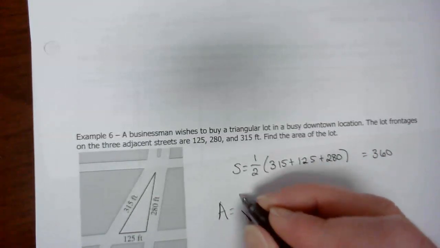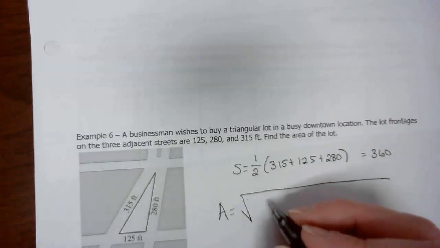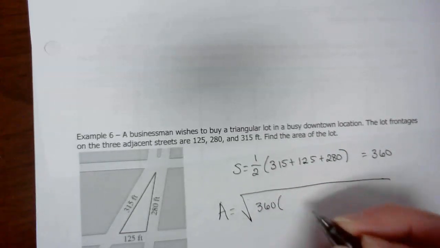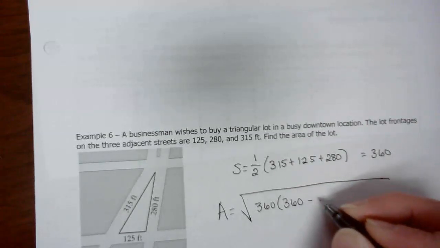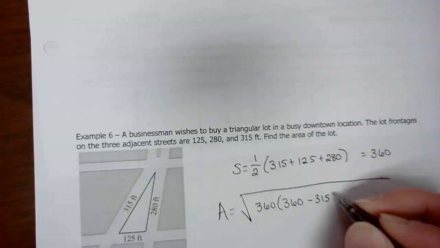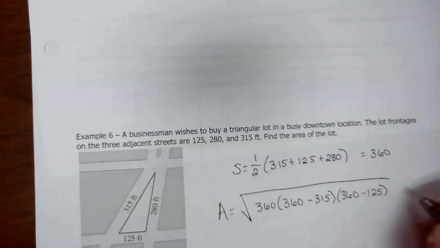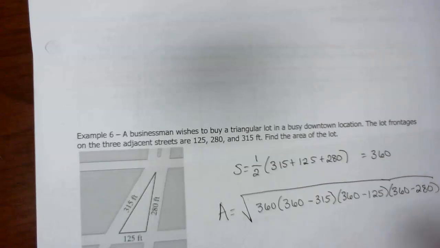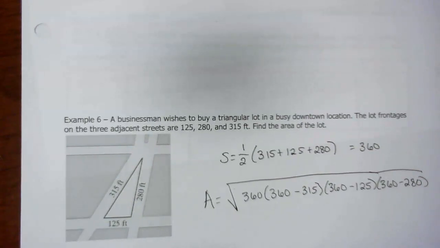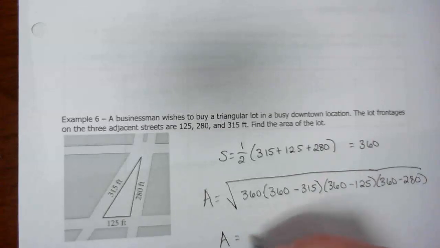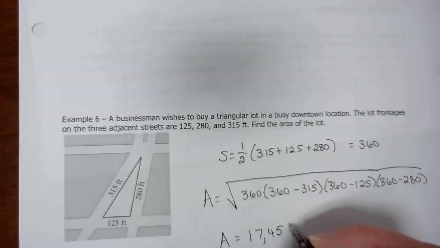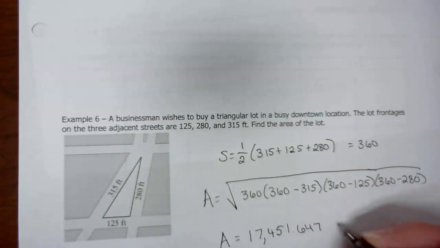So the area would be the square root of S, then S minus one of the sides, then S minus one of the other sides, then S minus the last side. And it really doesn't matter which order you put them in because they're all getting multiplied. And when I put that in the calculator, I end up getting a very, very big number. And that is feet, and it's area, so feet squared.